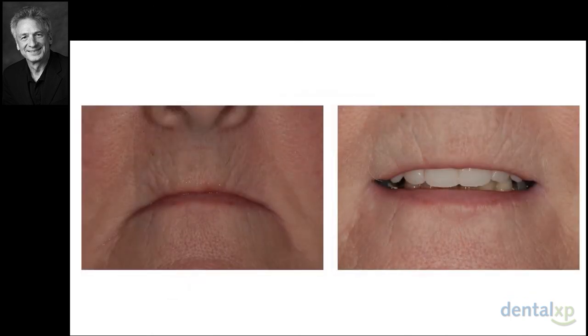Okay, here it is with the new denture that is now incorporated with the copings. And interestingly, often when we do these types of cases, we do them with frameworks.